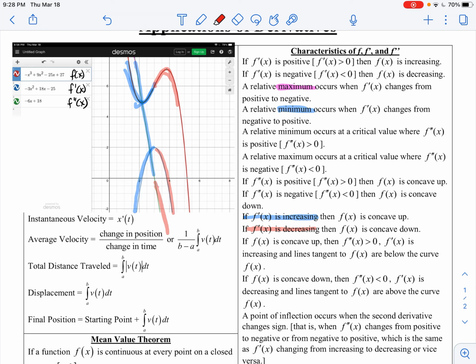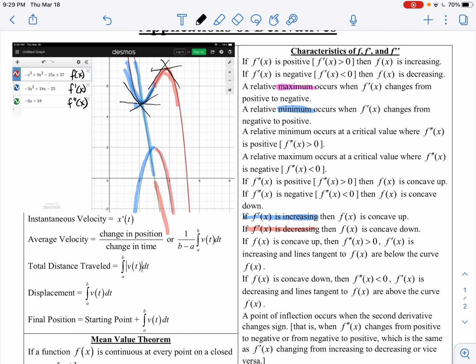That's right here. And I forgot to read off that tangent lines to f of x are going to be below the curve where your function is concave up. And of course, if you wanted to draw a tangent line anywhere, it's going to always be below the curve when it's concave up. And then tangent lines will be above the curve where it's concave down.